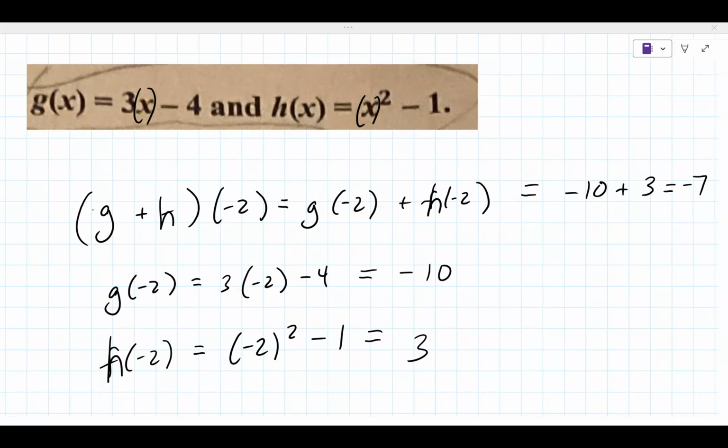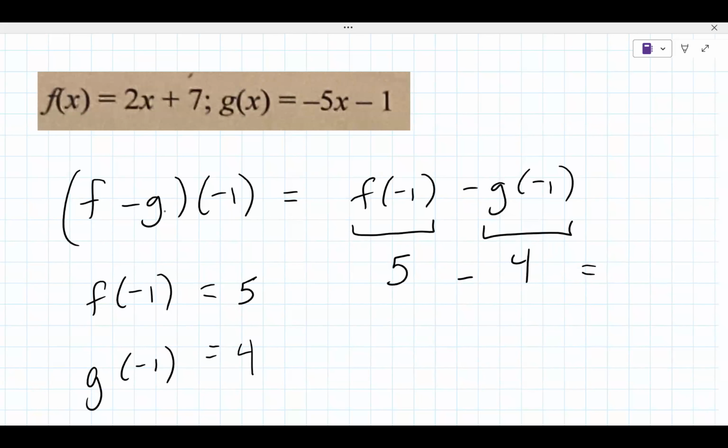For f, that would be 2 parentheses minus 1 plus 7, which is minus 2 plus 7, which equals positive 5. And for g, that would be minus 5 parentheses minus 1, and then minus 1 once again. So that would be 5 minus 1, which equals positive 4. So now instead of f of -1, that's 5. Instead of g of -1, that's 4. 5 minus 4 is 1.